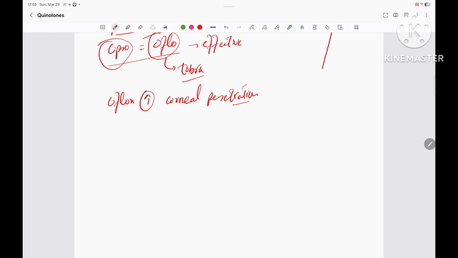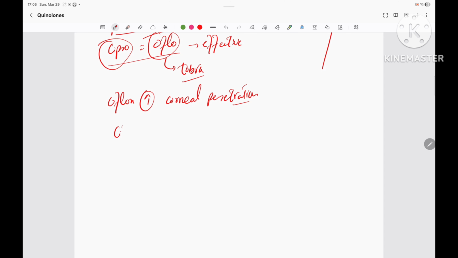The ability of ofloxacin to penetrate the cornea tells us that it's going to penetrate inside our eye. If we have any deep infection inside the eye, then ofloxacin is a better option, but still carrying the risk of corneal perforation.